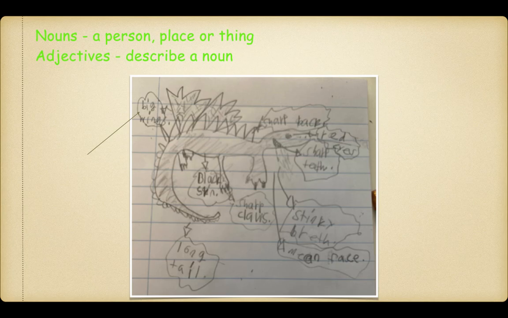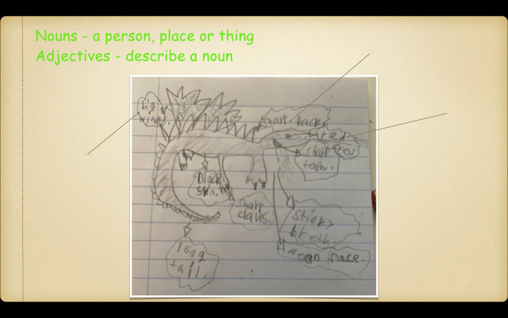Wings are the noun, and big, it describes the size of the wings, is the adjective. So big wings describes the noun. What else did she do? She had sharp back. Back is a body part, which is a noun, and sharp is the adjective.